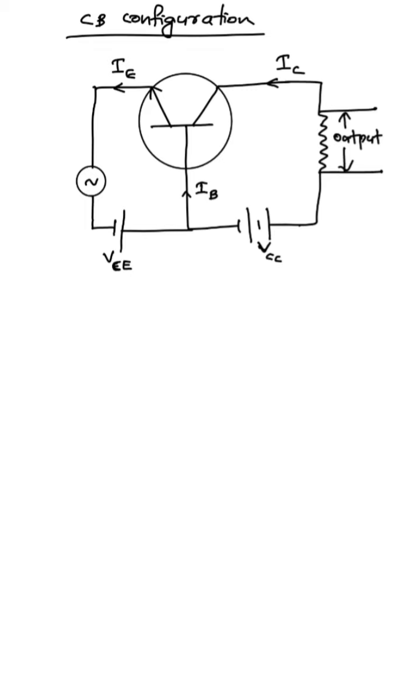You can see that in common base configuration the letters are E, B, C. Base is common. From this circuit it is clear that the input current is the emitter current. So IE is called the emitter current or input current.